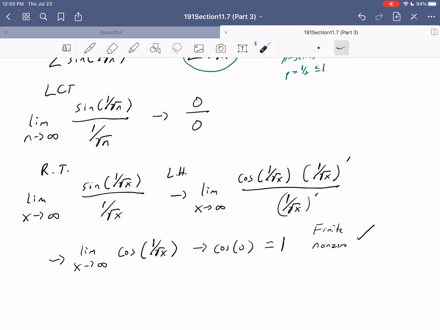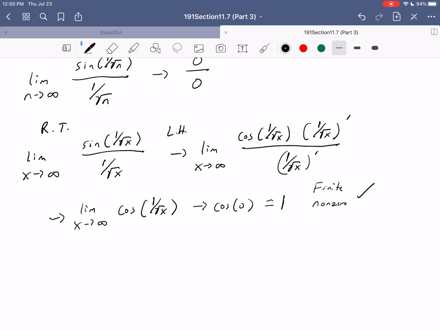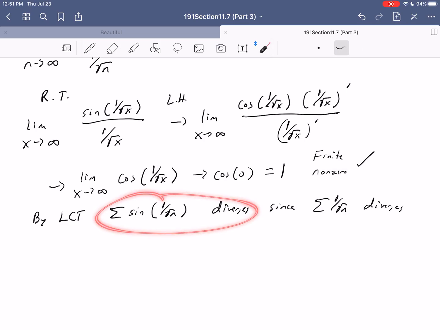Check. So the LCT worked. What does that tell us? That means this acts the same as this. So what we've just figured out is by LCT, the sum of sine 1 over root n diverges, since the sum of 1 over root n diverges.